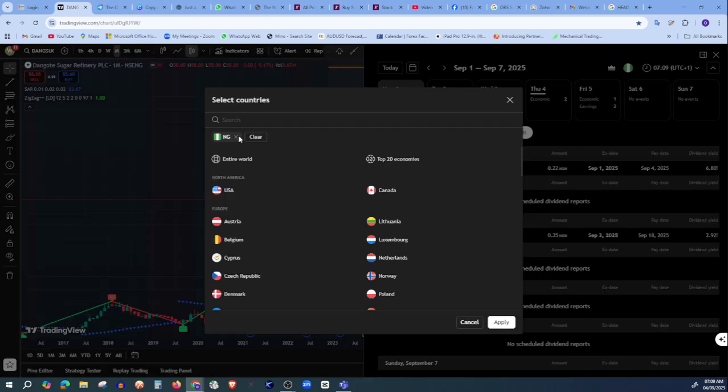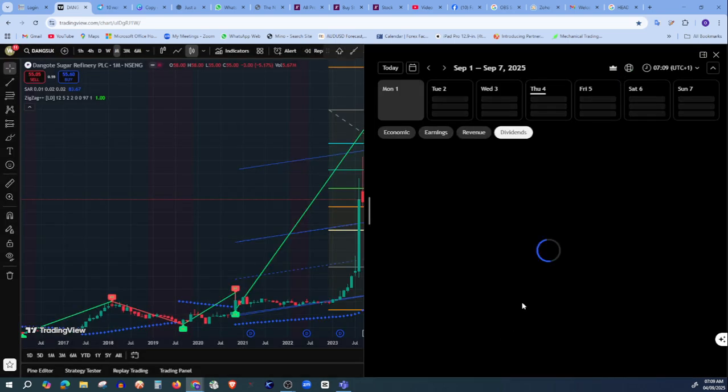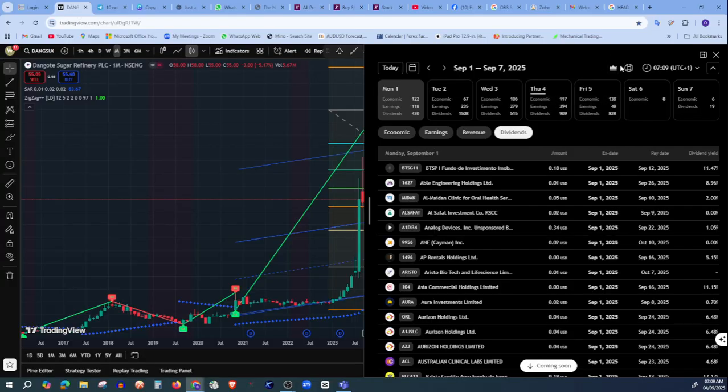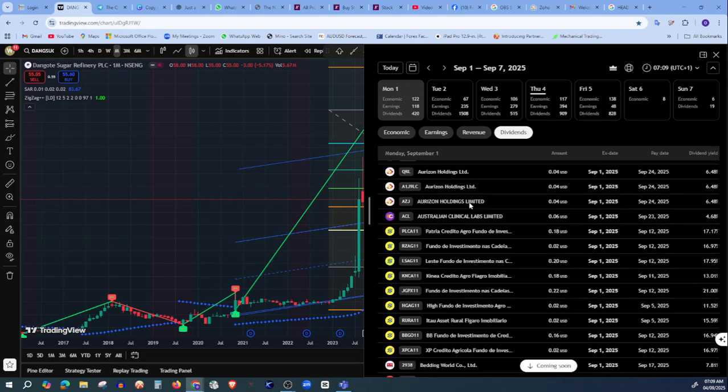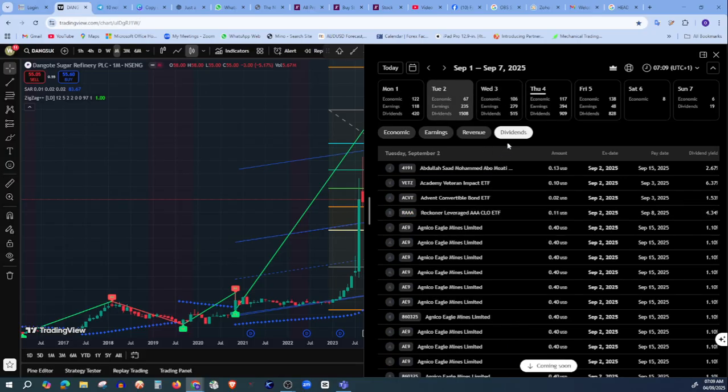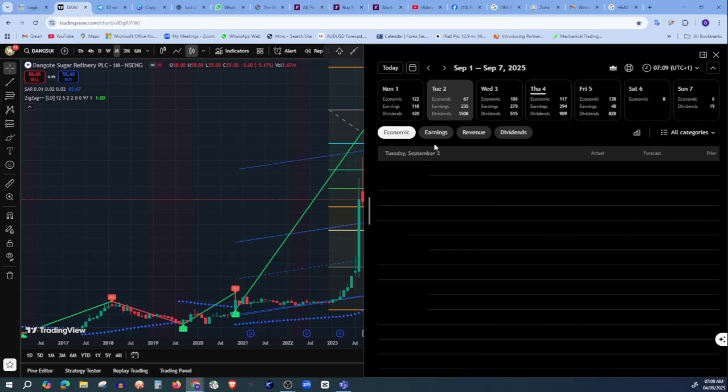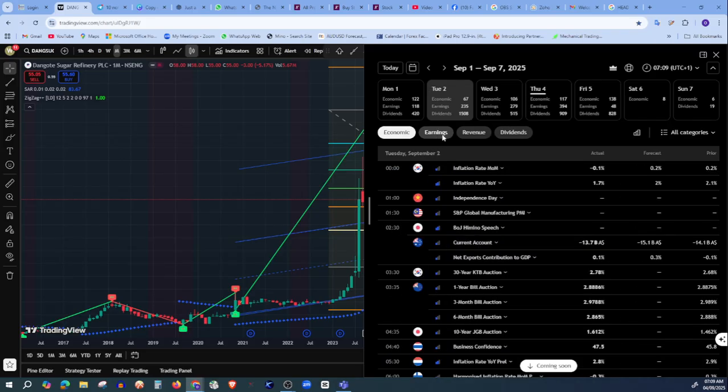So if it's not in Nigeria, let's say it's like this, this means that it is tracking the global market. So this is the global market calendar. On Monday, this is what you should expect in the global market. On Tuesday, these are the stocks that are paying dividends. You see, this is the economic calendar. This is earnings.